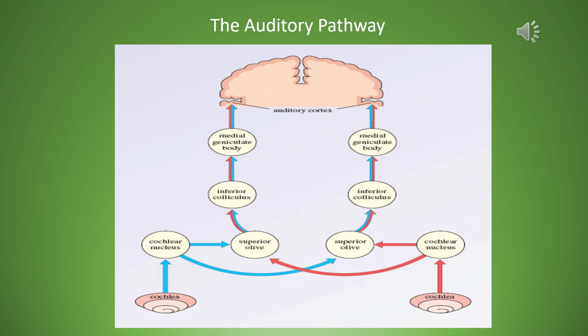That's where our auditory cortex is. That's where we perceive that we have heard something. Surrounding the auditory cortex are the auditory association areas where we make sense out of what we have heard. So the auditory pathway is actually a 4-neuron pathway. Most sensory pathways are 3 neurons. The sense of hearing has 4 neurons.